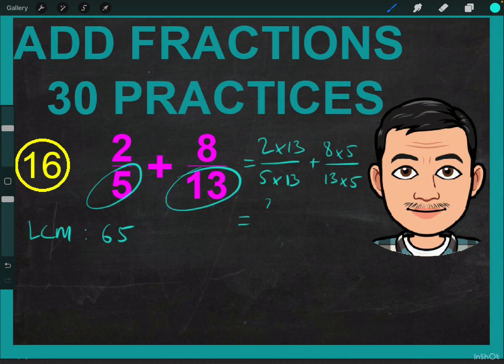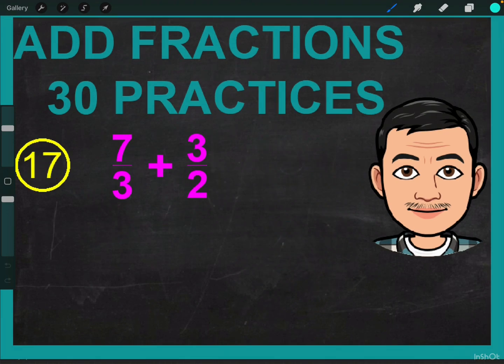So we got 26 over 65 add 40 over 65. Now they have the same denominator 65. We just need to add 26 and 40, and the answer is 66 over 65.